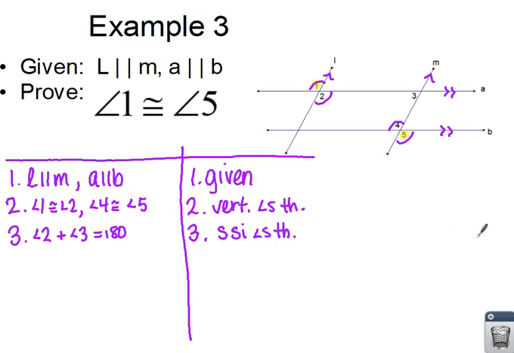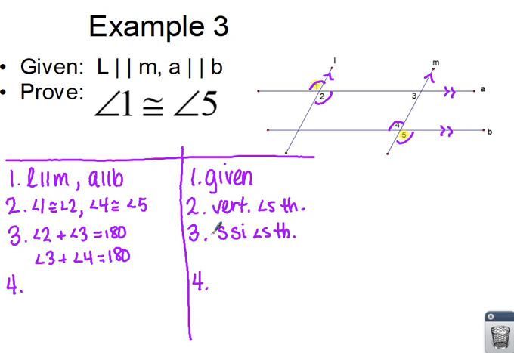Okay? I also see that 3 and 4 add up to 180 because they are also same side interiors. If they have the same reason, we can put them in the same step of the proof if we want.